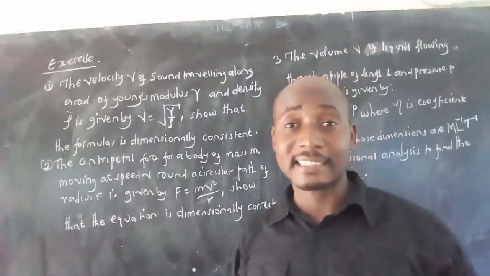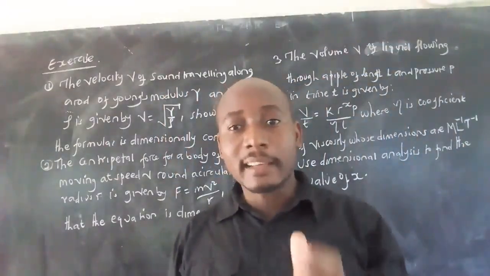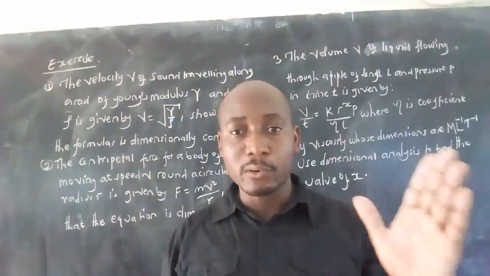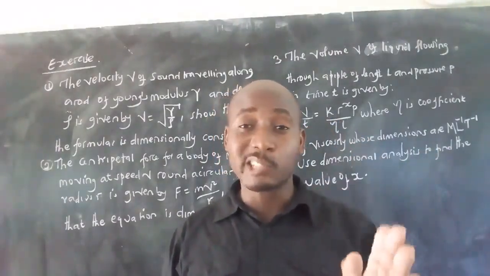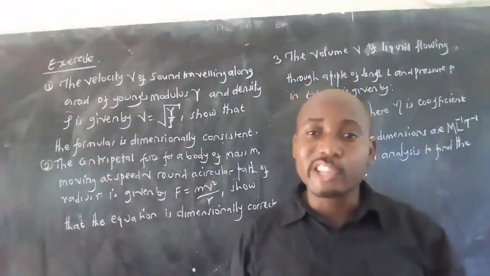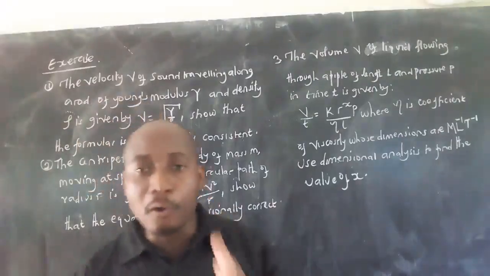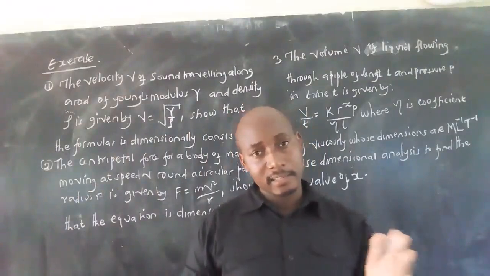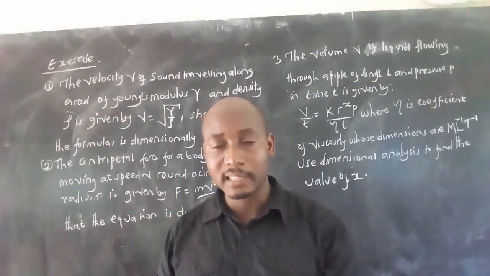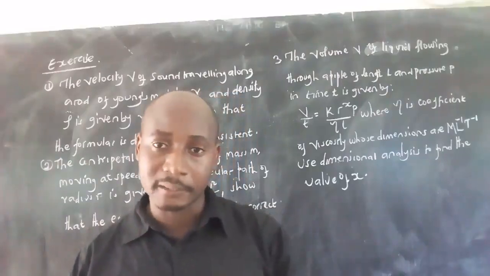If you have to say, for example, that you use dimensions in showing that equations are dimensionally correct, or in checking the validity of the equation, go ahead and say that equations are said to be dimensionally correct if the dimensions of the left hand side are equal to the dimensions of the right hand side, then the equation will be scientifically correct.